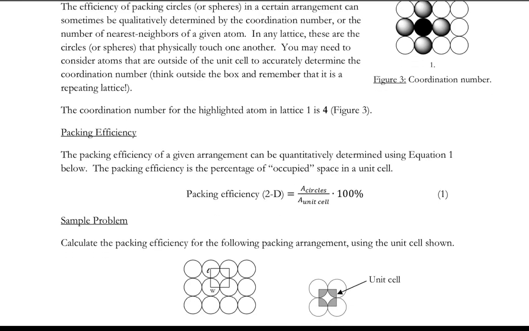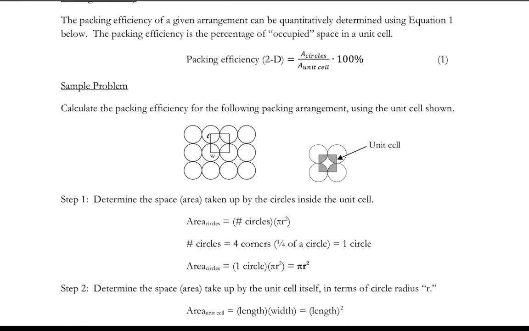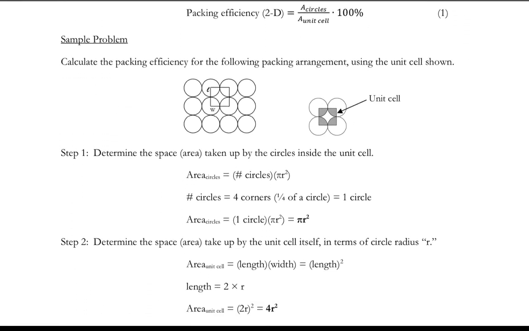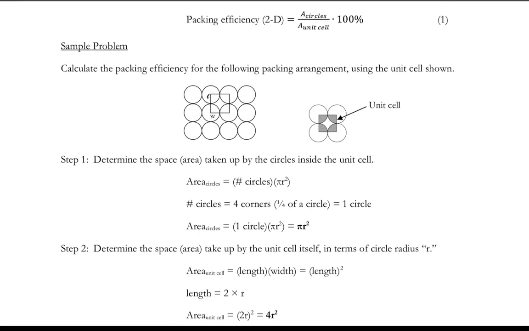Okay, sample problem. Calculate the packing efficiency for the following arrangement. That would be called lattice 1, using the unit cell shown. Okay, so the area of the circles is going to be the number of equivalent circles in the unit cell times the area of a circle, which is pi r squared.